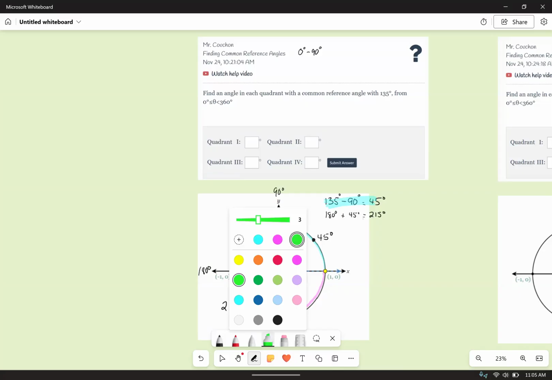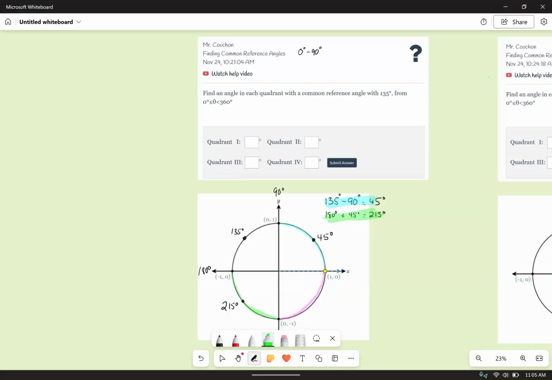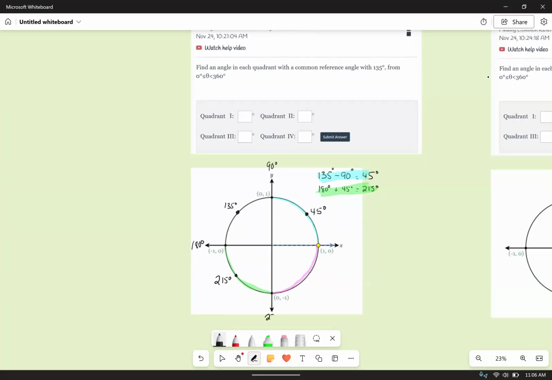Now, our quadrant 4. In quadrant 4, we need to go 45 past 270, or we could also do 360 minus 45 is another way we could do it. But I'm just going to do 270 because we know that this is 270 and we need to come another 45 degrees.